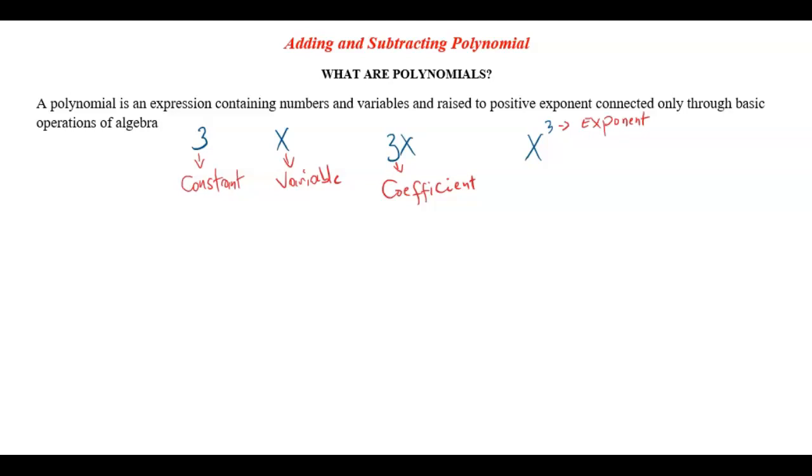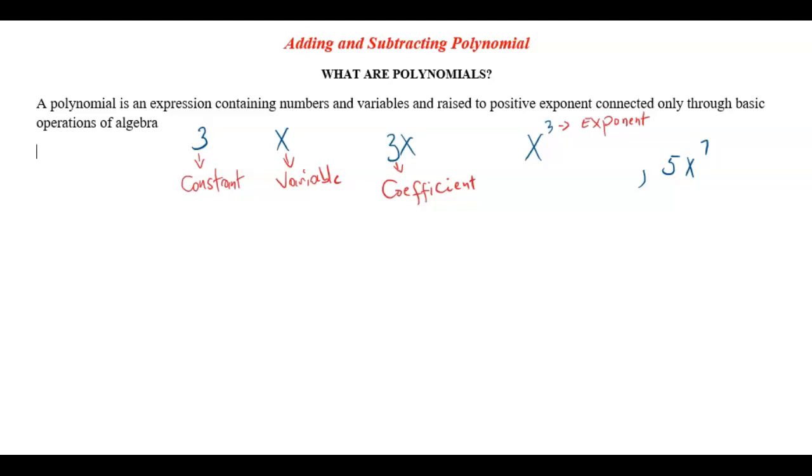And we can also have all 3 together. Let's say we have 5x to the 7th power. Notice I have a number, a variable, and an exponent all together, right? So it's possible. That's still a polynomial on its own.